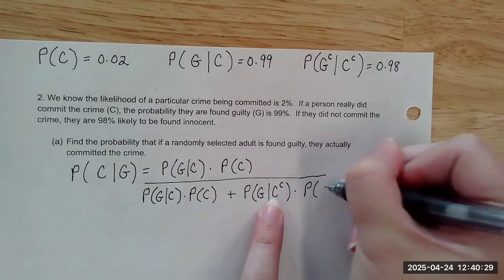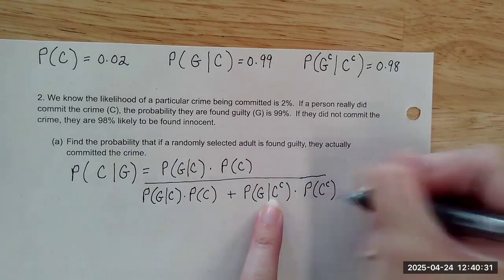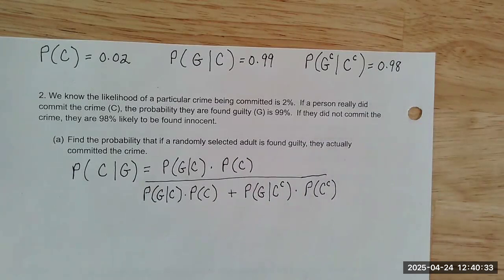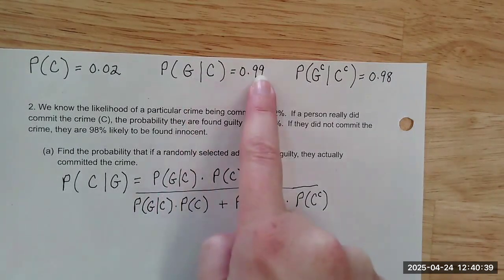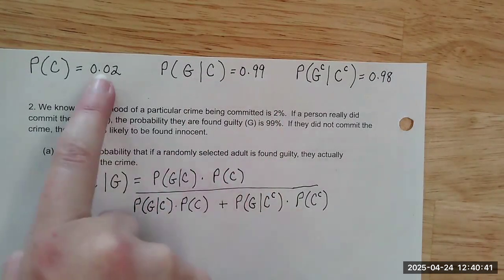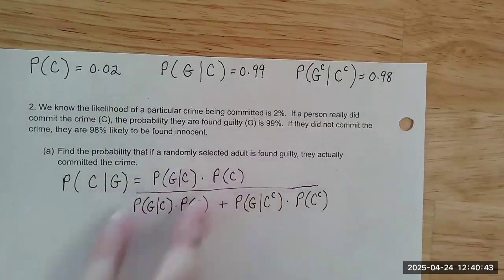So it's probability of C complement. All right. In terms of what we've got, G given C, I have that one. Probability of C, I have that one. So that means I have both of those too, because I just wrote the exact same thing down. Probability of G given C complement, I don't have that.